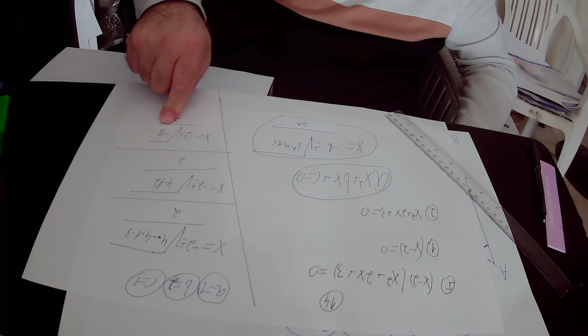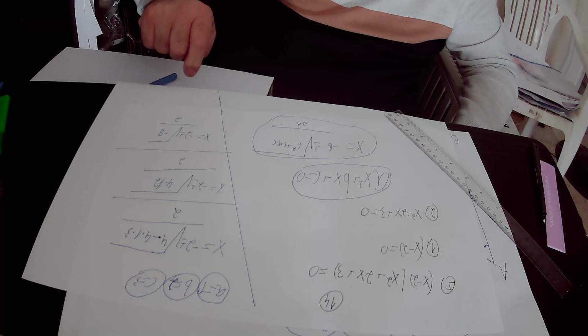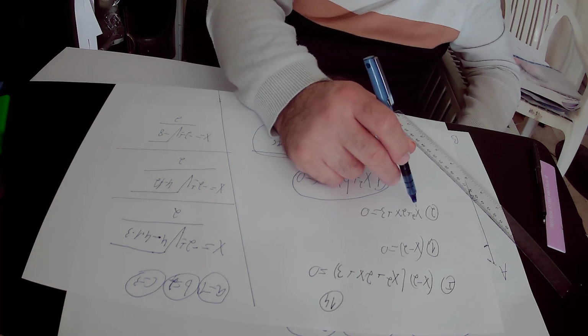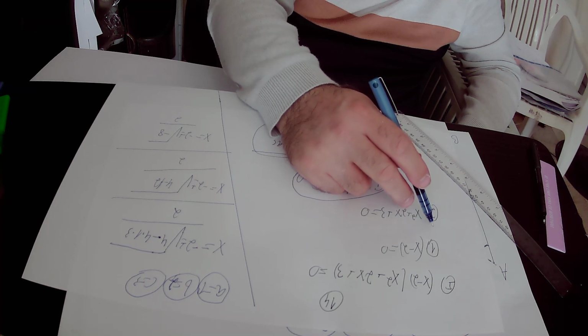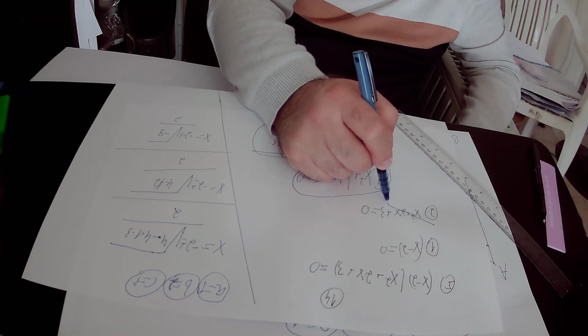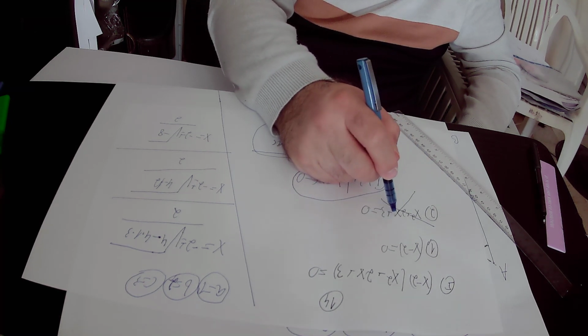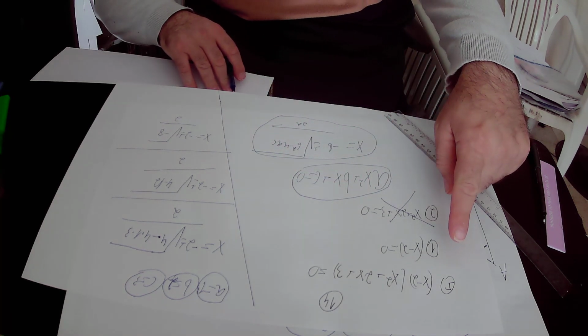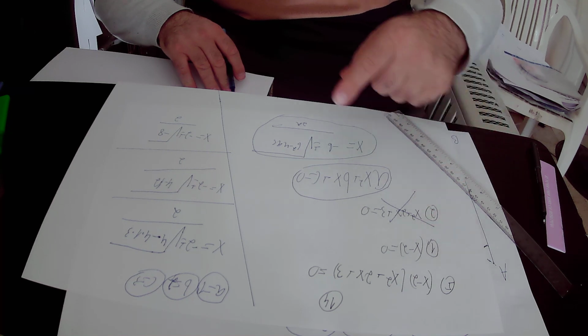We're stuck here because the negative number 8 doesn't have a root. Therefore, we will conclude that this quadratic equation doesn't have a solution. Therefore, this possibility is cancelled, and we are left only with the possibility that the solution for equation number 1 is that x minus 2 equals to 0.